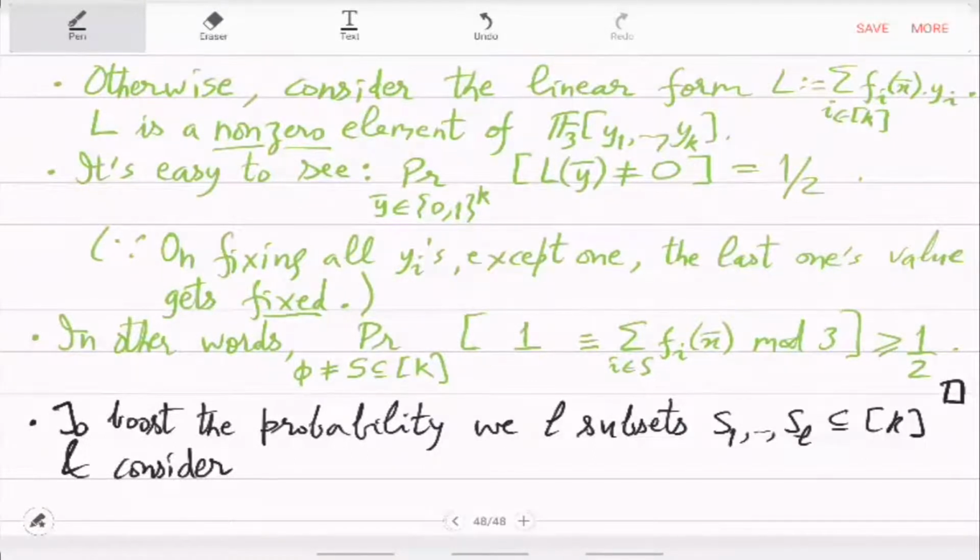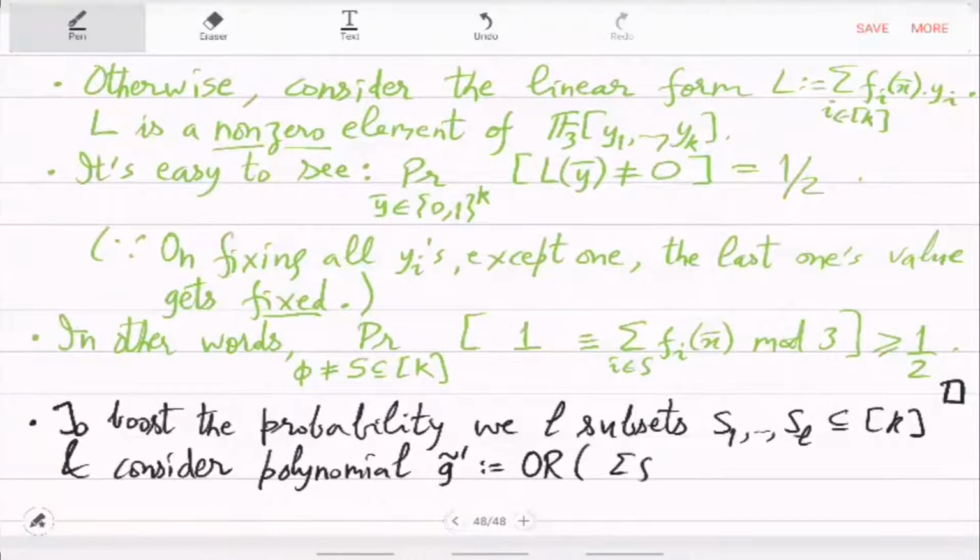So you consider the polynomial G tilde prime, the OR of sigma fi tilde with respect to S1, and so on.